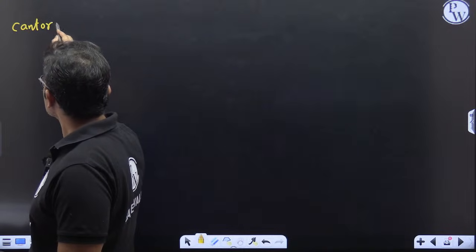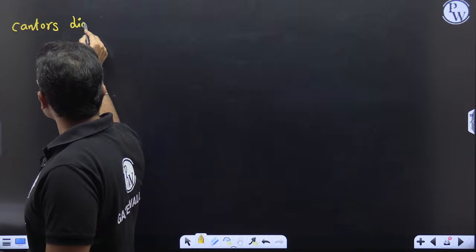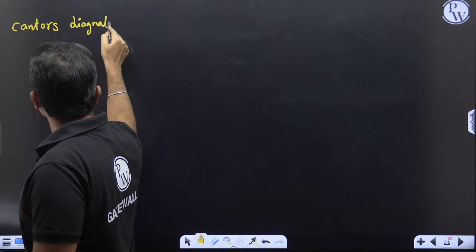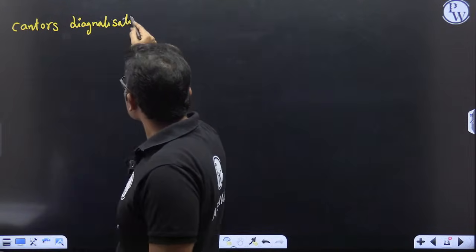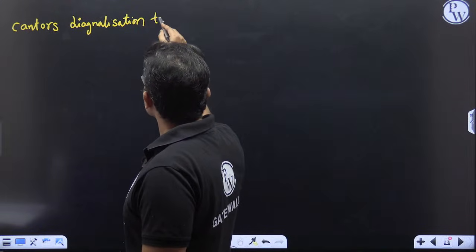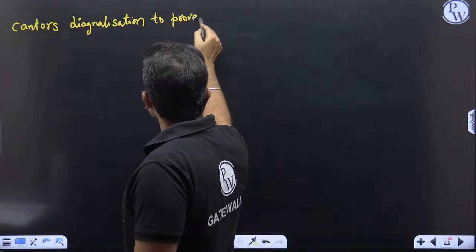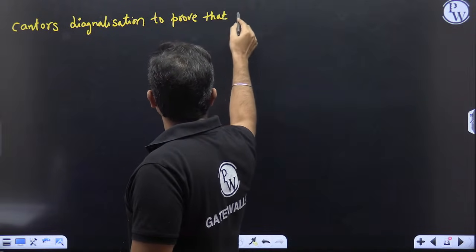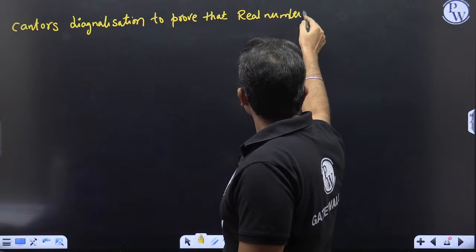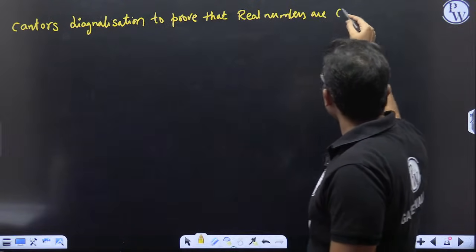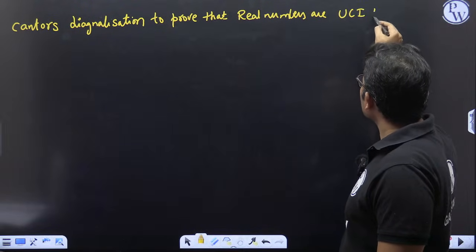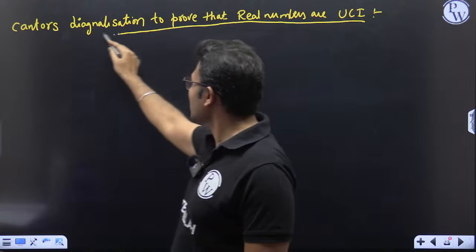Cantor's diagonalization to prove that real numbers are uncountably infinite, right?